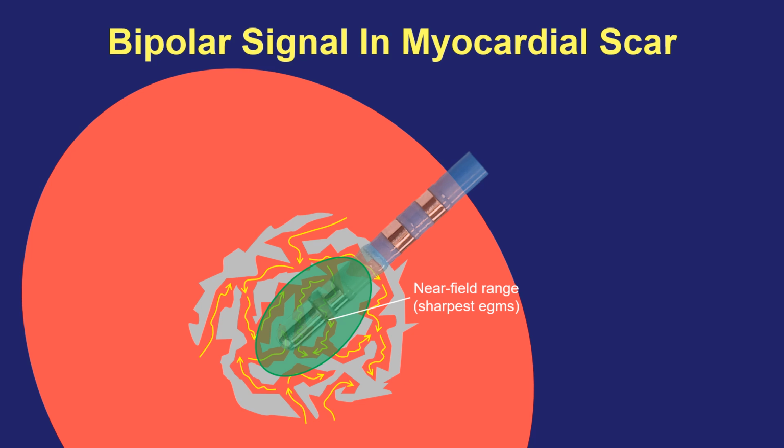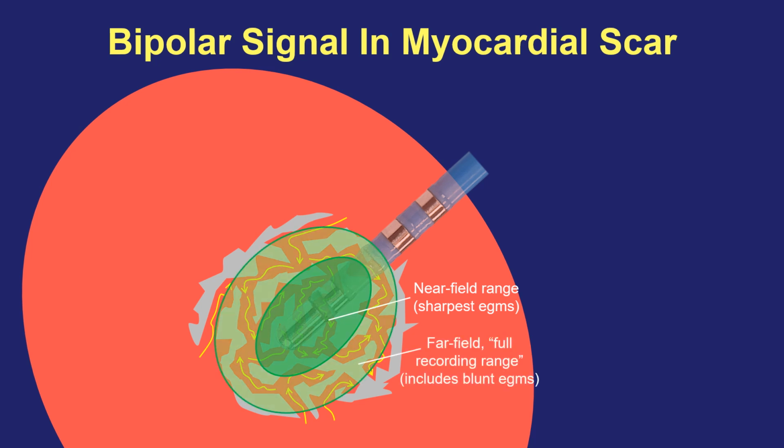And again, we review this concept of near field electrograms, which are sharp electrograms, and then the full recording range you can see a little bit further away. That's called far field in the full recording range of that bipole. Those are more rounded or blunt electrograms, and again, those are reviewed in more detail in that other electrogram video.